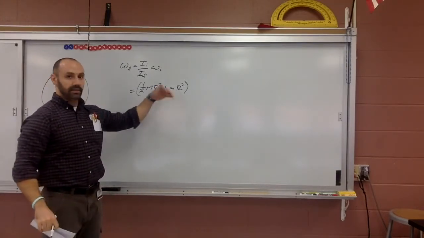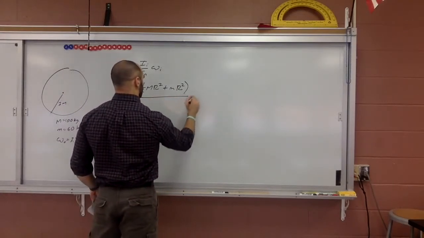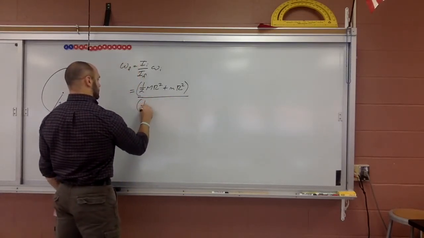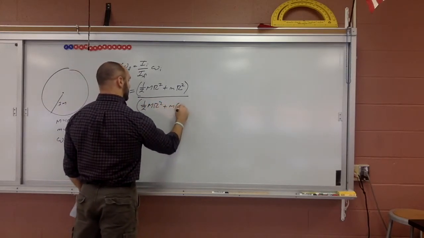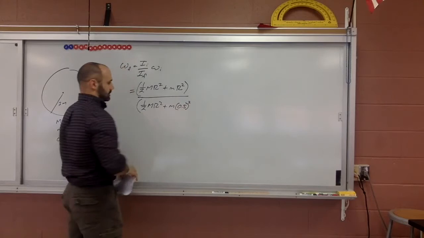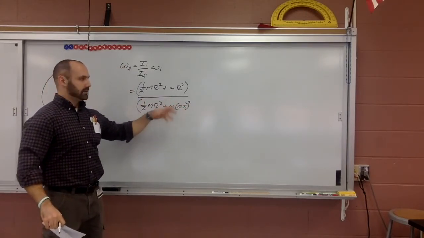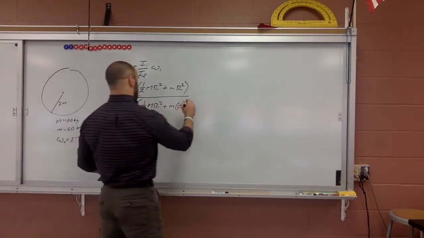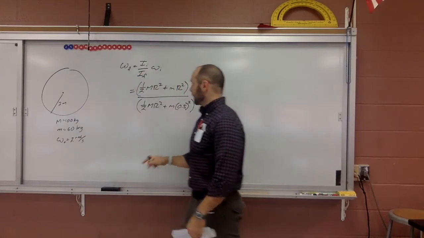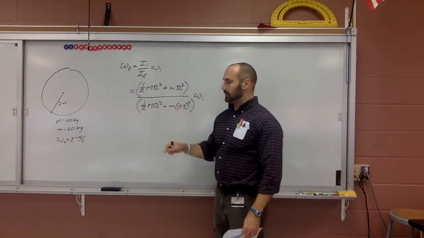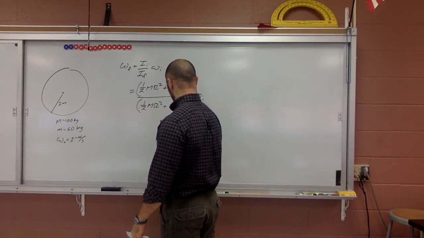That's the student, and then starting off at the rim, so that's the radius initially, over the moment of inertia of the disk does not change, but the moment of inertia of the student does change because now the student is not at R, the student is at 0.5 meters, right? R is 2 meters. And we multiply that by omega initial, which is a 2. All you have to do is plug in the numbers now, and I believe that when you do that, you get 4.1 radians per second.